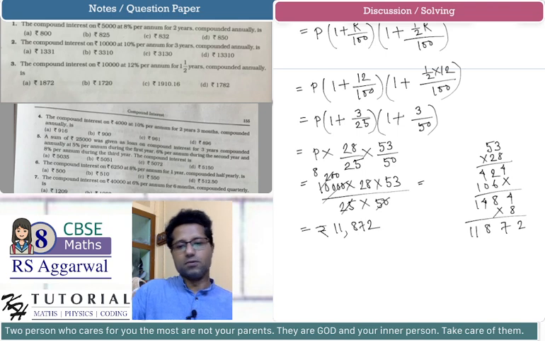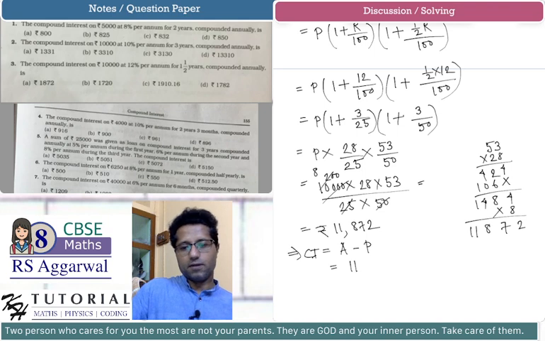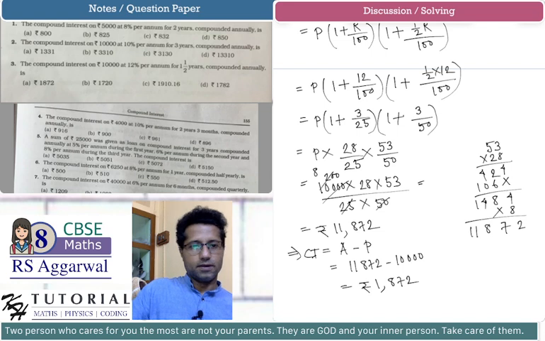So this is equal to rupees 11,872, which is the amount. This implies compound interest is equal to amount minus principal, which is 11,872 minus 10,000. This is equal to rupees 1,872.